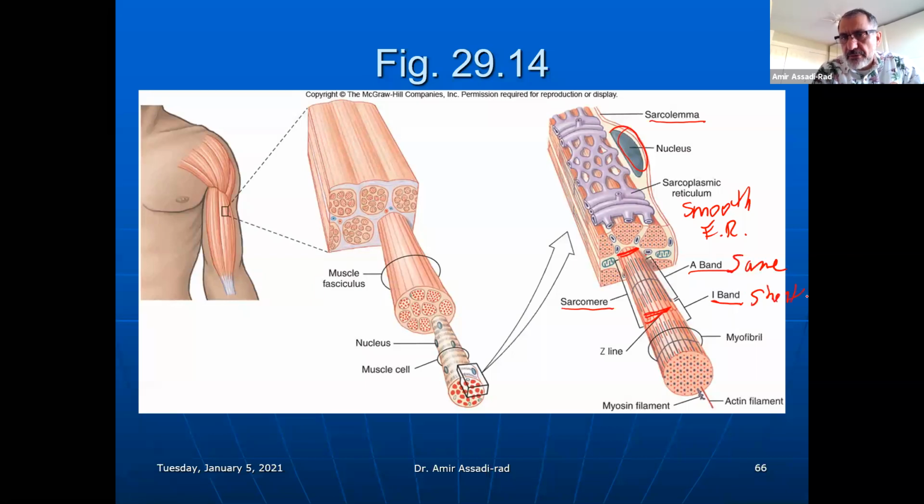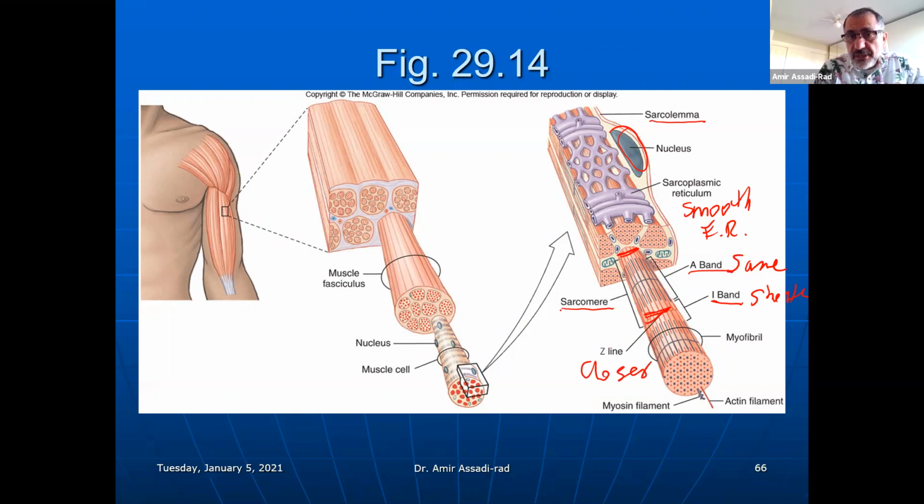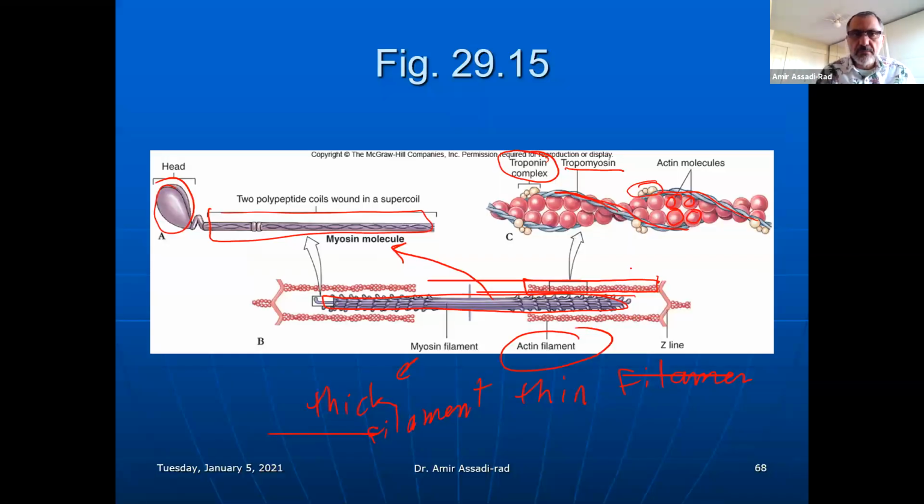Shorter, I write it here so that you know that. Z lines closer to each other. Sarcomere, closer, shorter. Okay. And then the H zone is not here. The H zone almost disappears or it gets shorter, depending on the muscle.